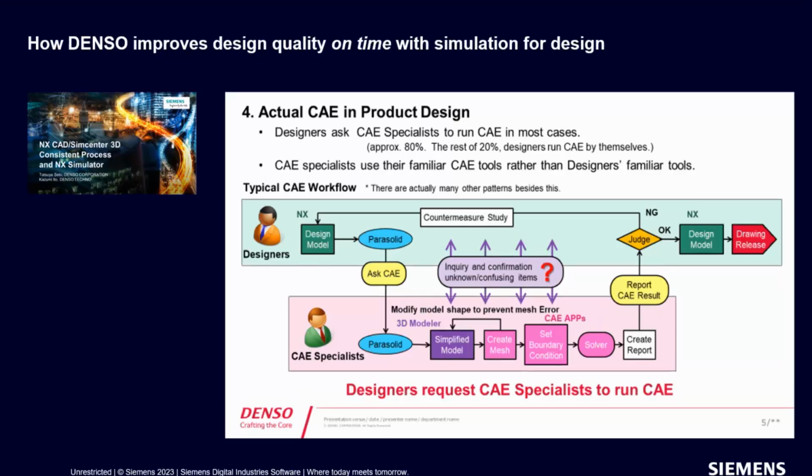And so you see here a discontinuity in the tools that are being used. The designers were using NX. The CAE specialists have their own set of tools that they're using. There's communication that has to occur. There's requests. They have to request the CAE specialist to do the job.